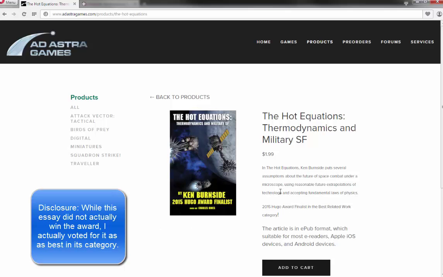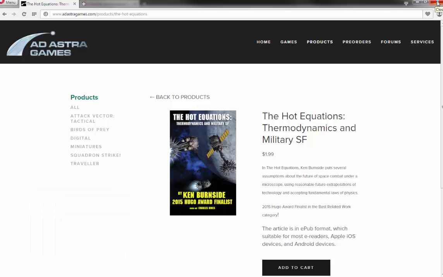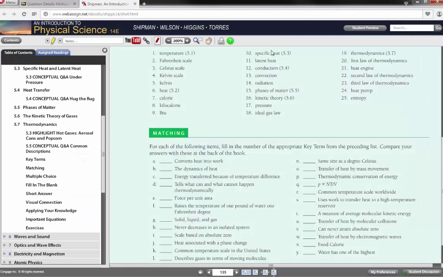It basically discusses, among other things, thermodynamics in the context of science fiction. And he talks a bit about how heat can be transferred in terms of conduction, convection, and radiation, and how this applies to basically space opera type military science fiction.